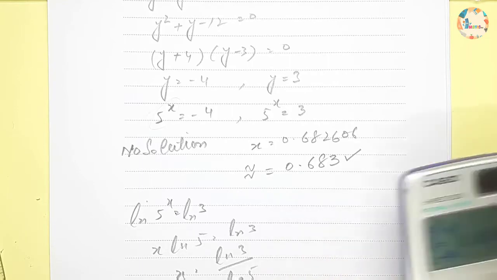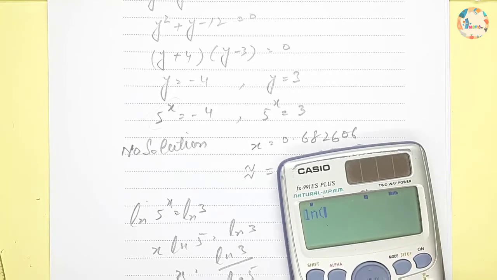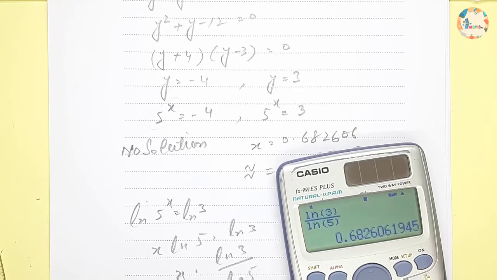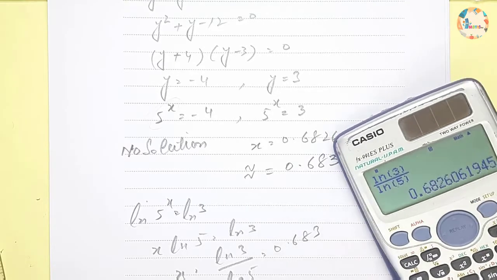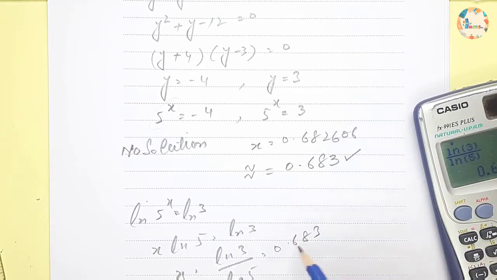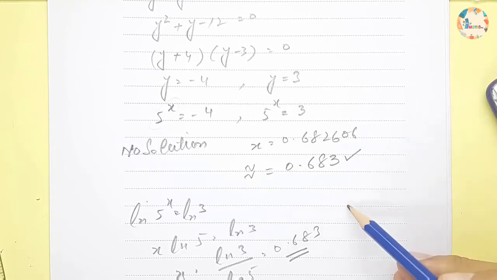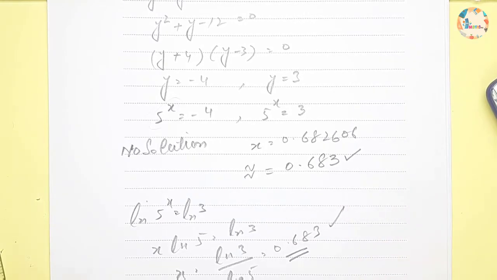If you just calculate this, log of 3 over log of 5, this will be equal to 0.683. Same answer you will get. This is the approximate solution, so you can use either of these two methods.